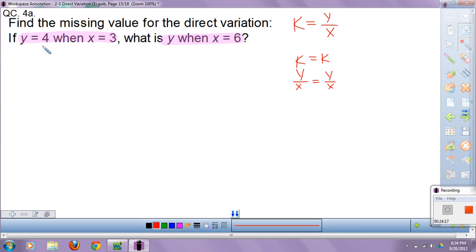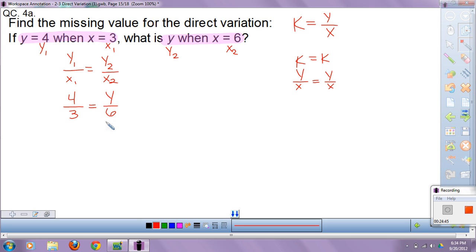So we're going to set up a proportion using these ordered pairs. y1 divided by x1 equals y2 divided by x2. So I'll call this my y1, x1, y2, x2. So y1 is 4 divided by x1 is 3 equals y2 is y, we don't know it, x2 is 6.